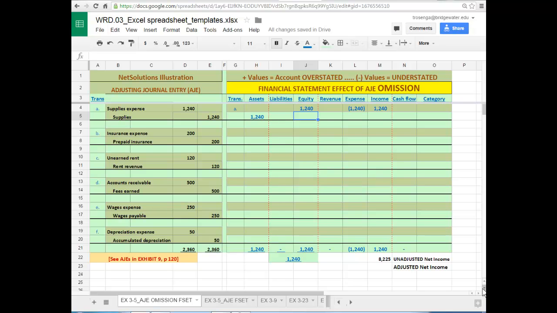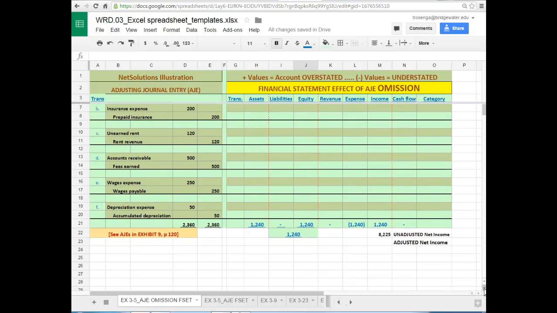Let's take a look at Transaction B. In Transaction B, the insurance expense adjusting journal entry was omitted. So we would not show enough insurance expense, and we would show too much prepaid insurance. Prepaid insurance is an asset, and we are not making this credit to the prepaid insurance account.